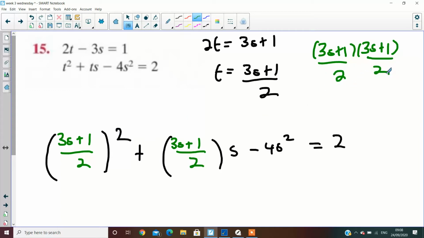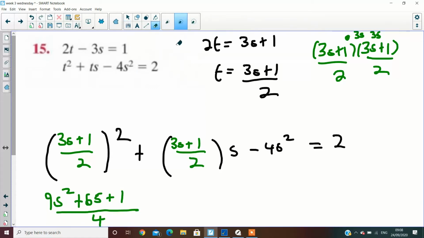And it's 2 by 2 on the bottom. So what do we get? 9s squared. What's the middle number going to be? It's going to be 3s plus 3s, which is going to get us 6s. The number at the end, what's 1 times 1? 1. All divided by 4.